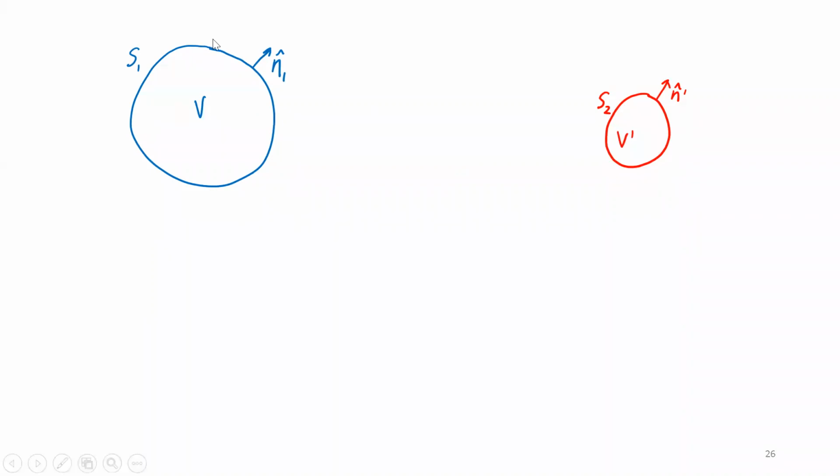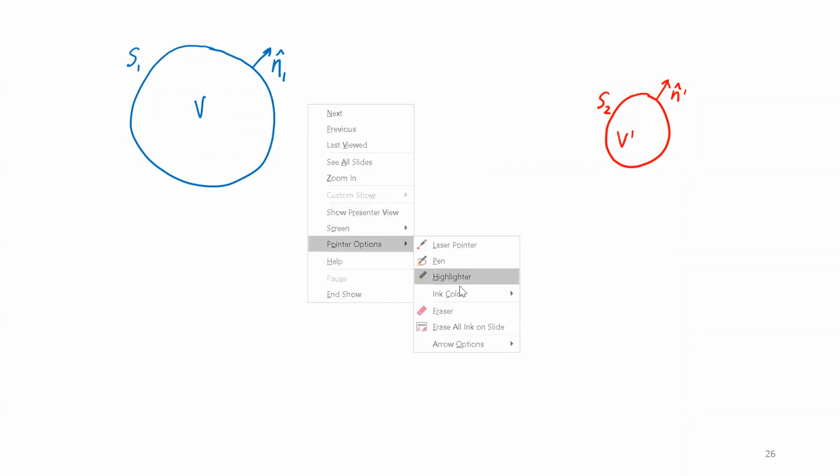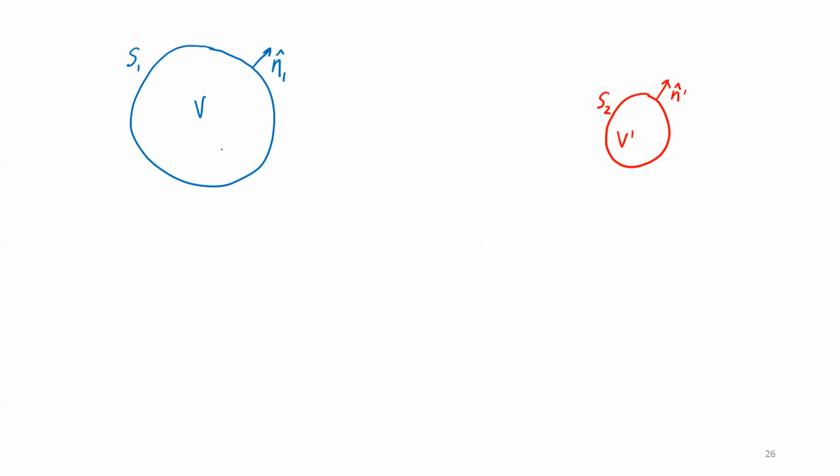So now, if you just consider the first case individually, again, without any cavity, then we just apply the form of the divergence theorem that we have already learned previously. So it's just this one. This is just the same divergence theorem that we have learned before, so no question here.